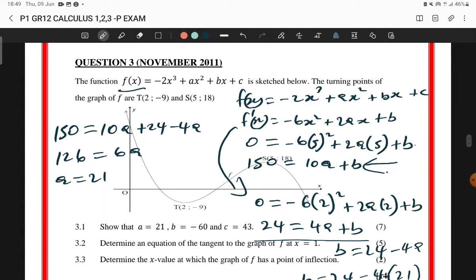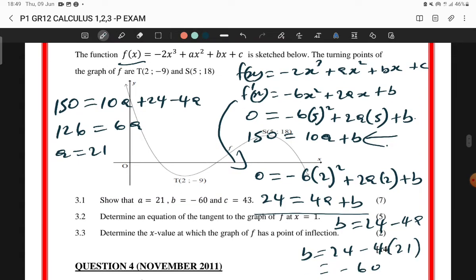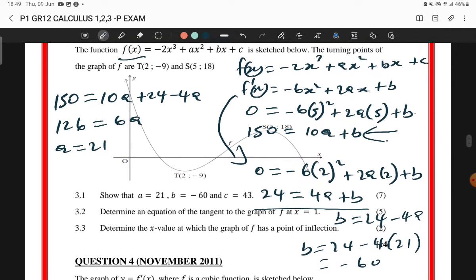Moving forward, because we don't have c so far, we just have b and c. So on that note, we can just go back to our function and substitute what we have. So we have negative 2x cubed, plus 21, because we've solved that a is 21, so plus 21x squared, minus 60x, plus c.